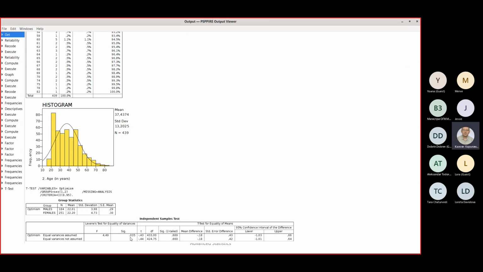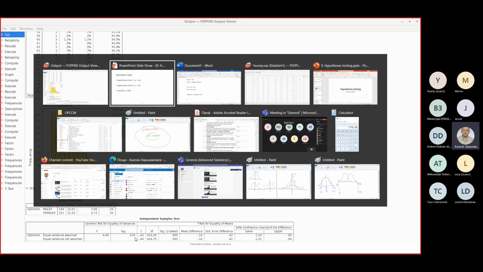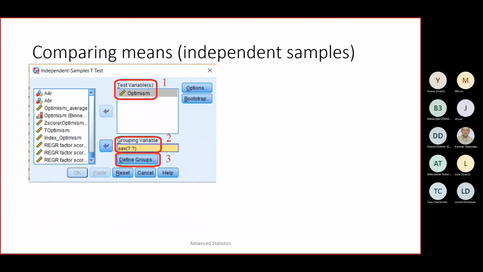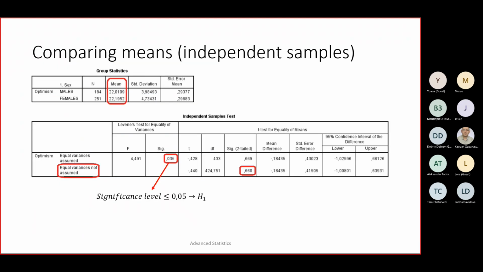So here, the significance level is 0.035. Since 0.035 is smaller than 0.05, so 3.5% is smaller than 5%, that means that we must accept the alternative hypothesis.